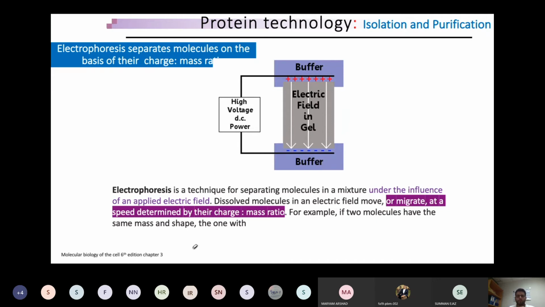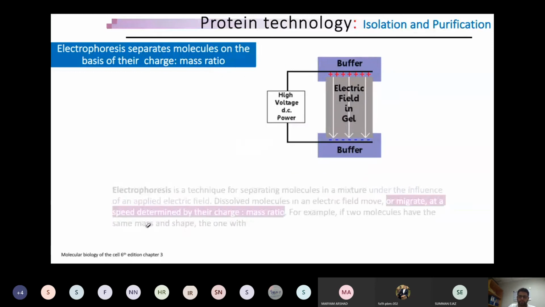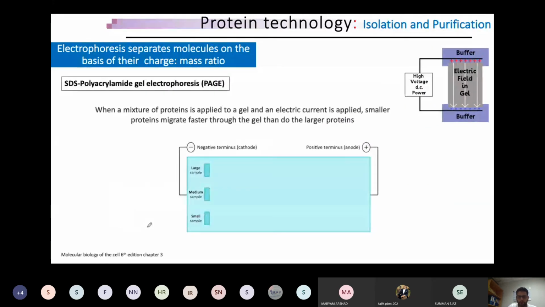So for example, if two molecules have the same mass and shape, the one with better charge could be separated out. And of course, this mass to charge ratio now will play a very vital role in those proteins which have only the mass factor. So this is how it is happening.